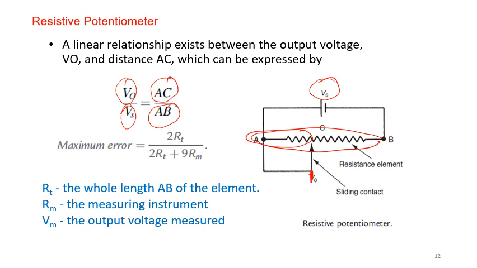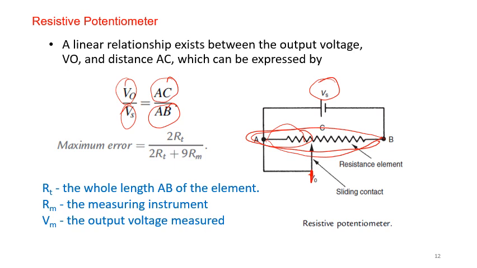So they represent the resistance of the potentiometer, either the resistance part AC or the total resistance AB. Of course, this relation shows us that any change in AC, in the resistance between A and C, is going to cause a change in the output voltage.